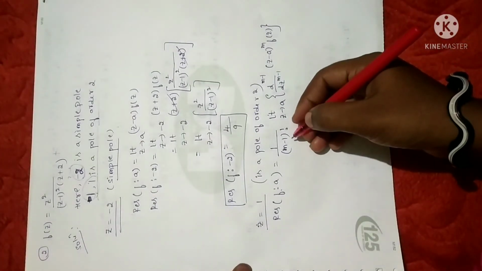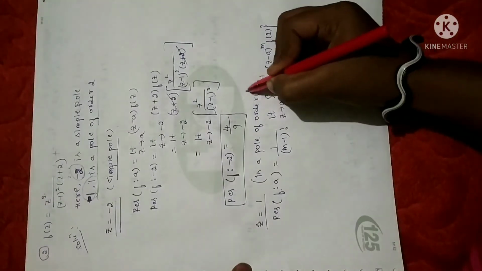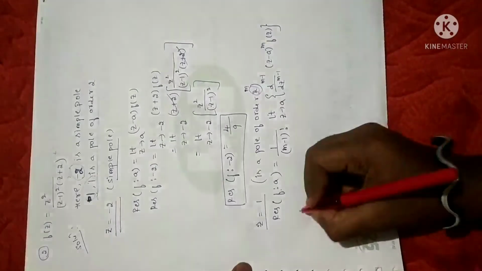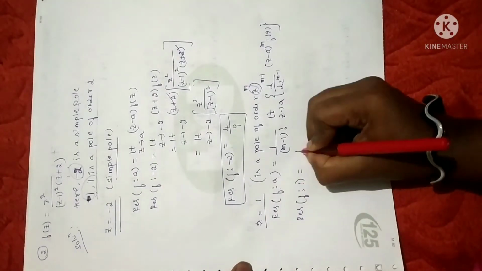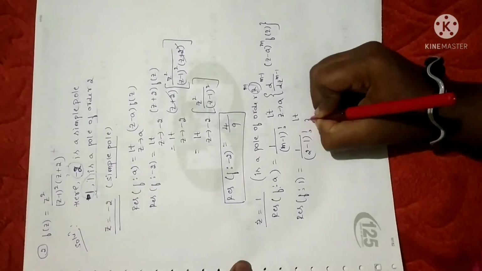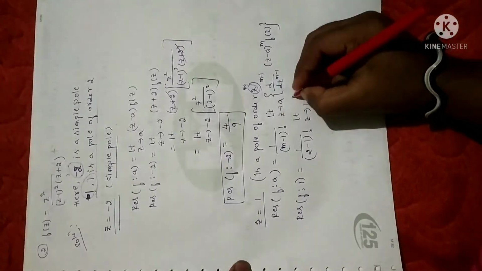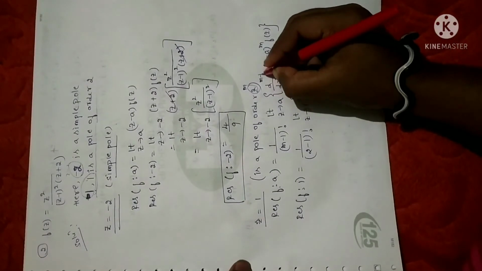Fine. So here the value of m is 2. Why? Because it is repeating 2 times, right? So order is 2, so m value will be 2. Let me replace: residue of f with reference to a is equal to 1 divided by 2 minus 1 factorial, limit z tending to a equal to 1, d by dz. See here 2 minus 1 is 1.